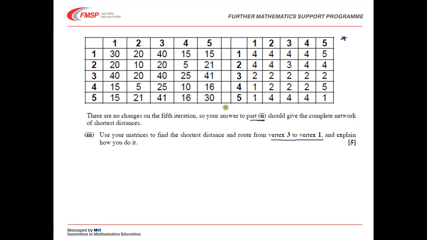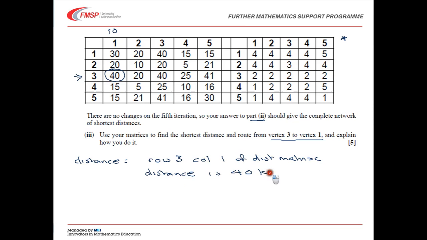So looking at this, we're going from 3 here to 1 here, and we'll start with the distance matrix, and the distance from 3 to 1 is 40. So we can say distance, and then we're looking in row 3, column 1 of the distance matrix, and the distance is 40 kilometers. 2 marks for that, 1 for getting the distance of 40 and 1 for explaining where you looked for that.